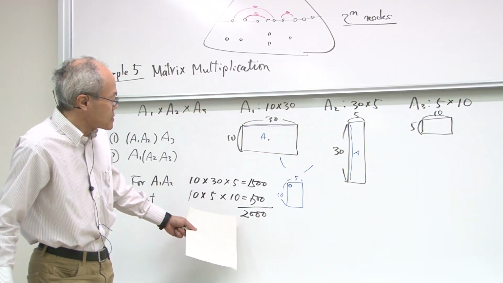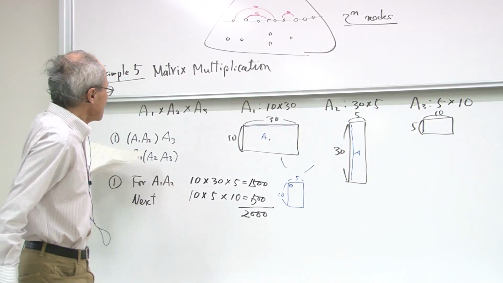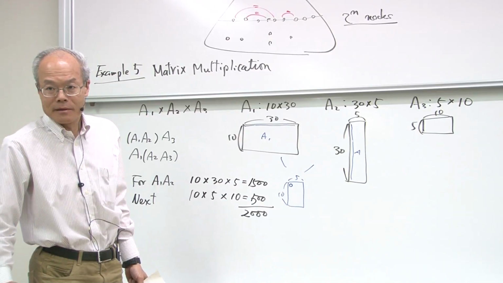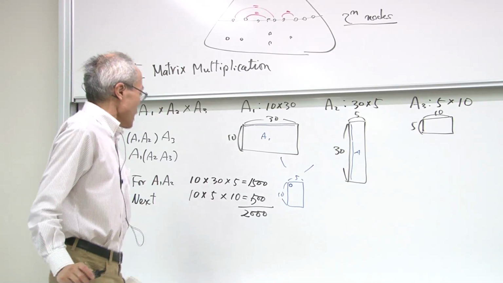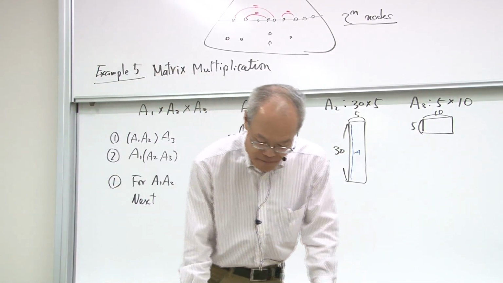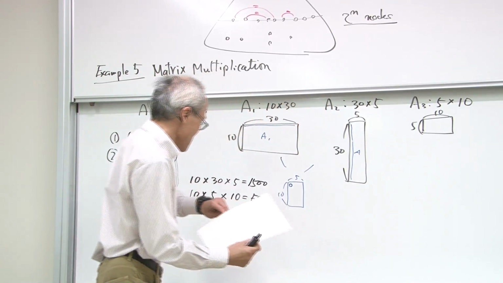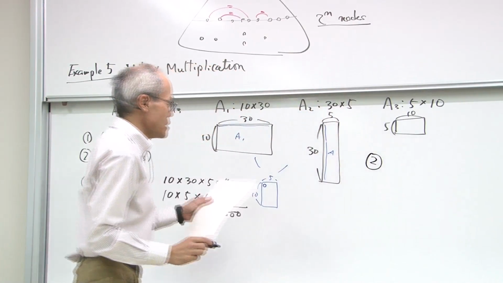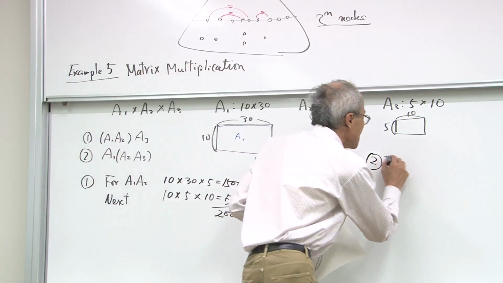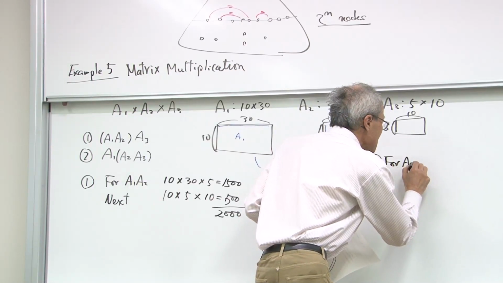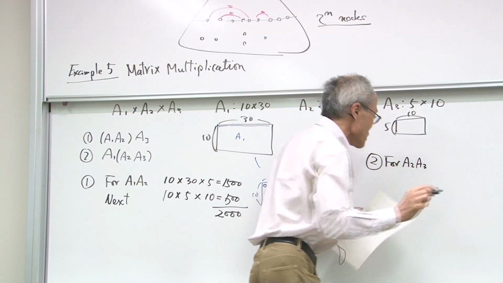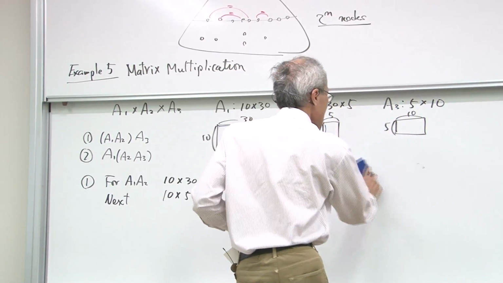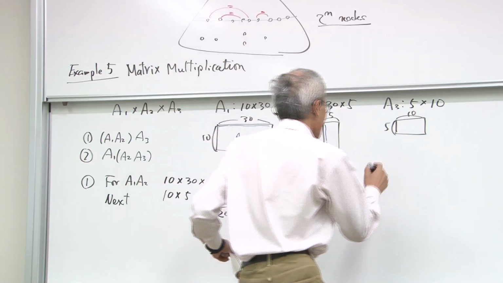This is the work we need for this multiplication. Now, what about the second case, number 2, multiplying A2 and A3 first?